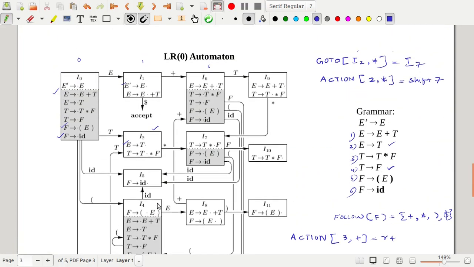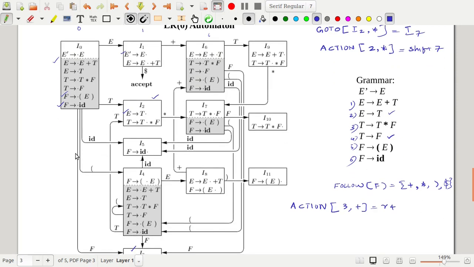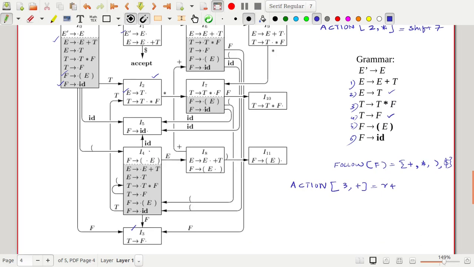Then we can consider I4. Where is I4? So this is I4. In the case of I4, we can first consider the action part.